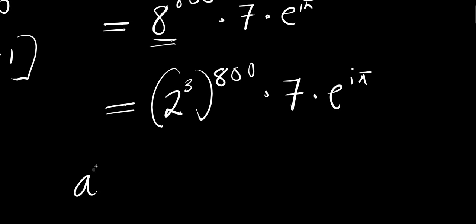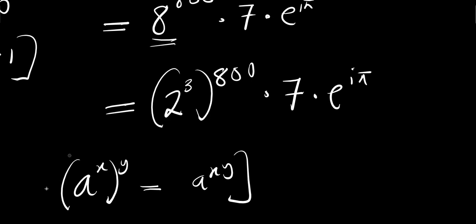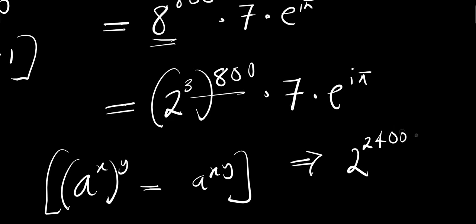And remember, if you have 8 power x to the power of y, it equals 8 power x times y. So we multiply this, that means we will simply have 2 power 3 times 800, that is 2400, times 7 times e power I times pi.